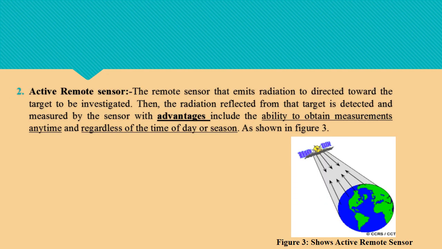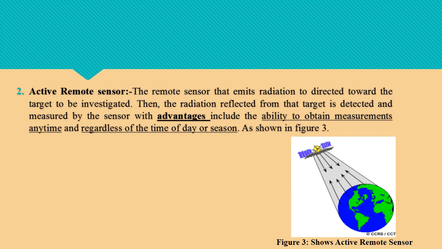The second type of remote sensing is called active remote sensor, which emits radiation and directs it toward the target to be investigated. Then, the radiation reflected from the target is detected and measured by the sensor, with several advantages, including the ability to obtain measurements anytime regardless of the time of day or season.